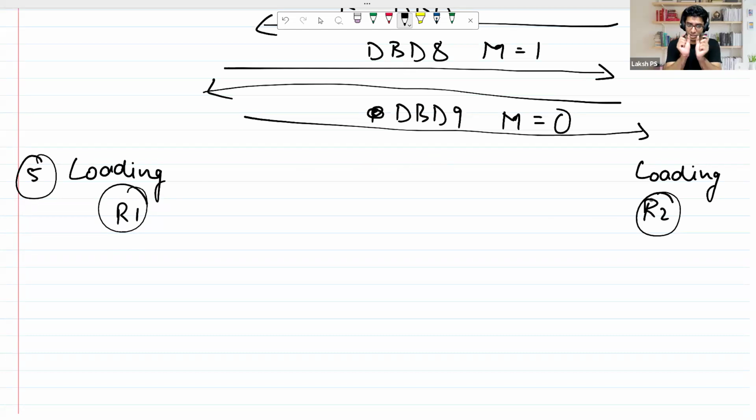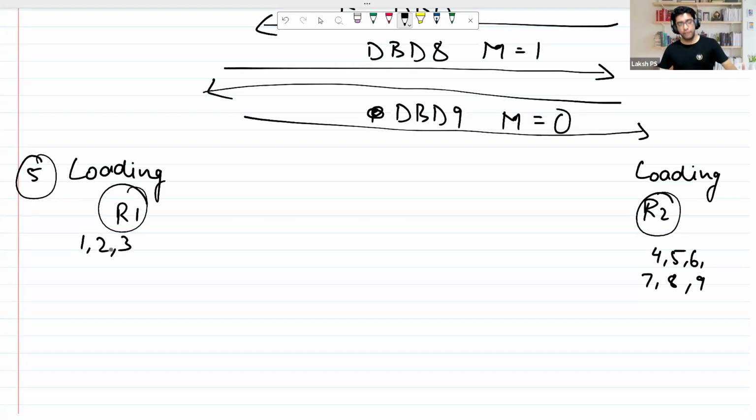As I said, they are just small descriptions, right? So R2 knows R1's DBDs. What were R1's DBDs? R1's DBDs were 4, 5, 6, 7, 8, and 9. And R1 had R2's DBDs. What were R2's DBDs? DBD number 1, 2, and 3.